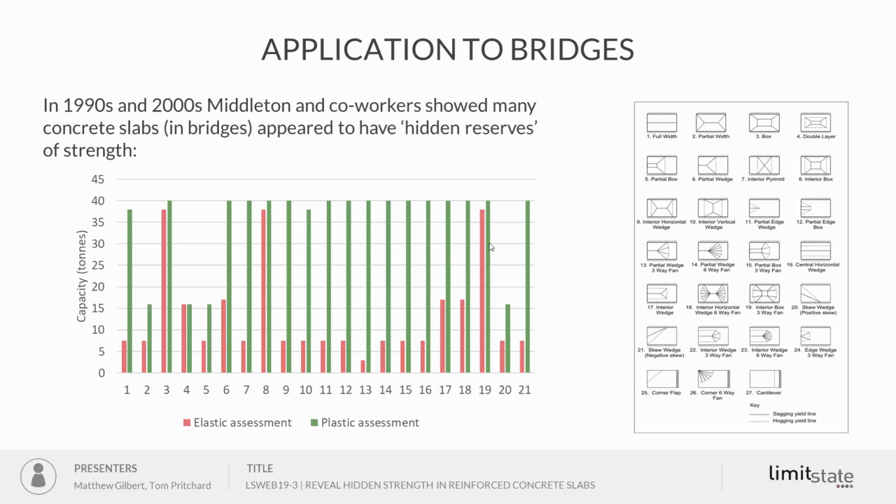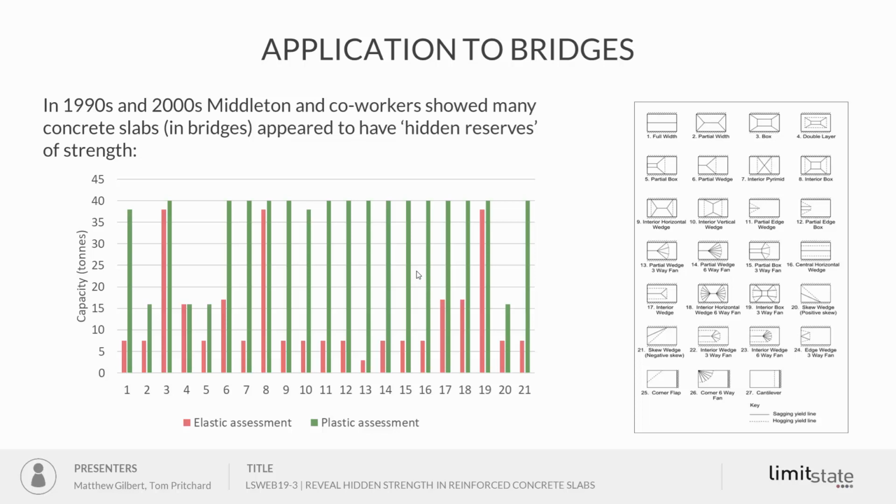So what they did was they compared the elastic assessed capacity, shown by a red bar, with the plastic assessed capacity, shown by the green bar, for a population of bridges, in this case 21 bridges. And they found in the great majority of cases that bridges that had been identified as being substandard using elastic methods were actually perfectly adequate when plastic methods, i.e. the yield line method, was applied.